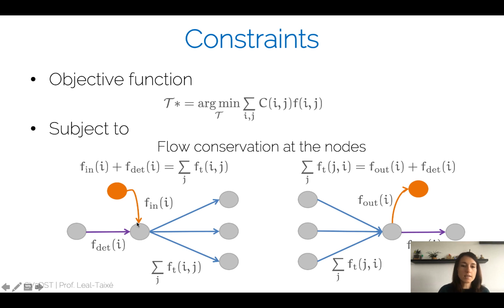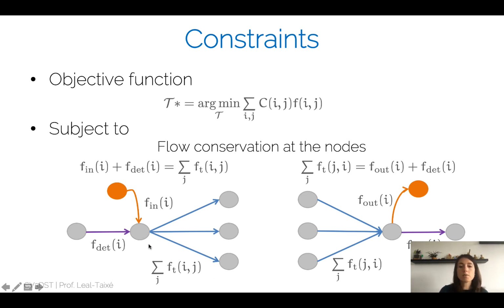So essentially this connection here in blue, remember that they are these transitions. So these indicate the connections between frame t and frame t plus 1. Then we have our detection edge and we have our start of a trajectory edge. And essentially what the flow conservation at the node tells us is that the flow coming from the detection edge plus the flow coming from the start of a trajectory edge, so basically the flows that are going into this node, the sum of these flows needs to be the sum of the flows that is going out.